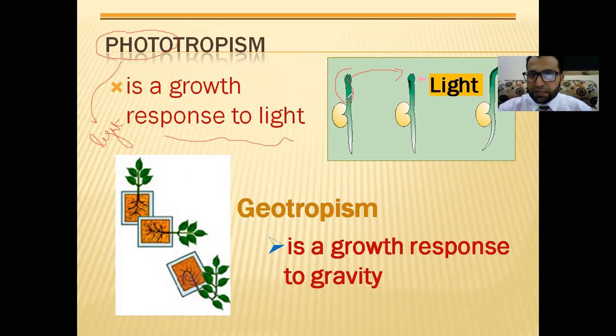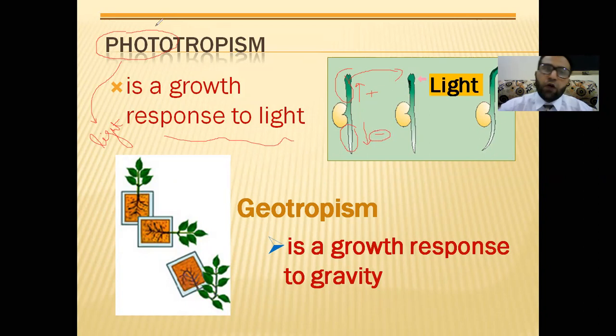Okay, so it's growing toward the light, while this part is the root, so this is going away from the light. Both are showing response to the light, but one is positive. This shoot is going toward the light, positive phototropism, while the root is going away from the light, so it is negative phototropism.